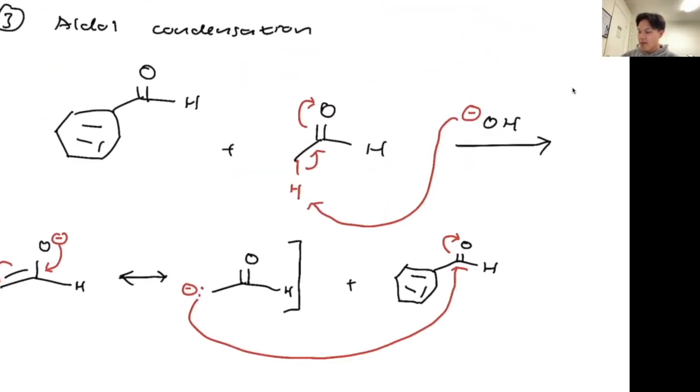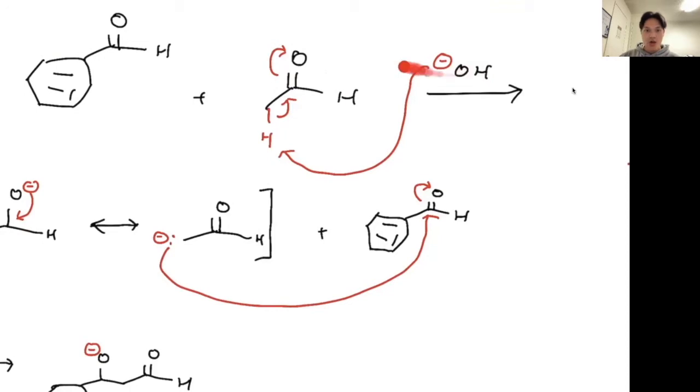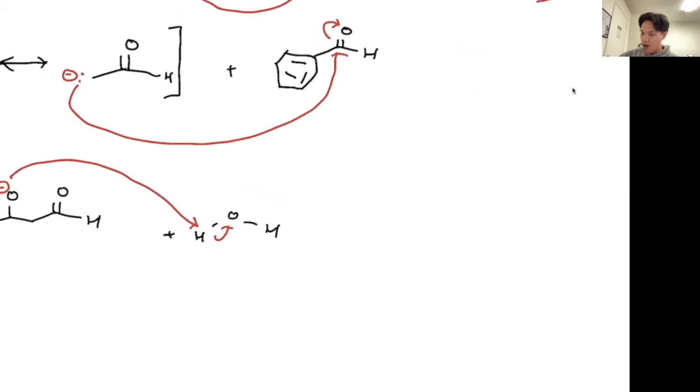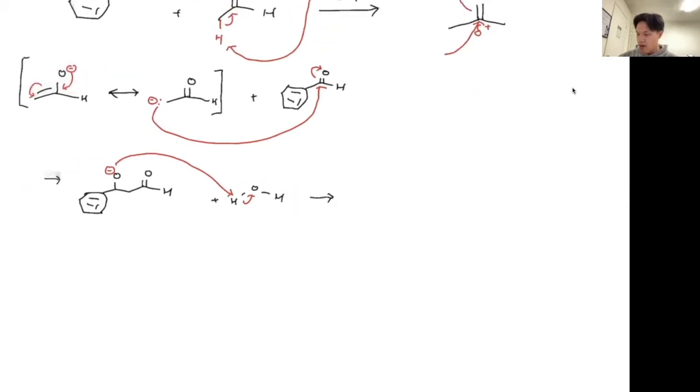And then from up here, this OH took the hydrogen, so we have a water, which means that this can be protonated and we can form our alcohol, right? So it looks like that.